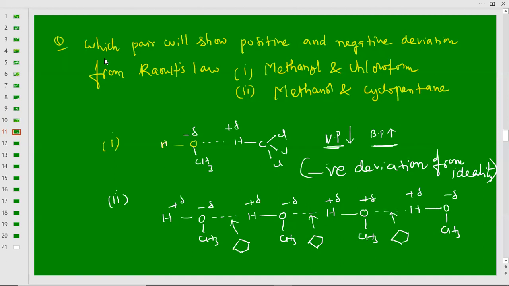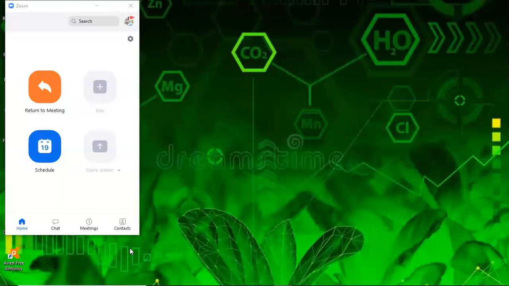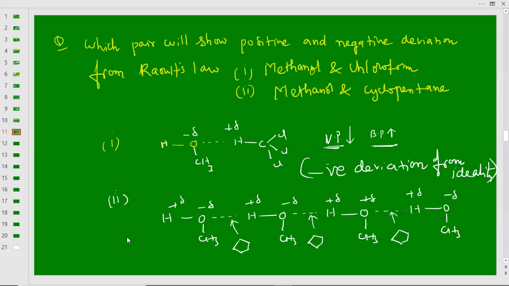When the hydrogen bonds are separated, the escaping tendency of methanol will increase. Vapor pressure increases, which means volatility increases for the alcohol, and the boiling point of the solution decreases. Automatically it shows positive deviation from Raoult's law, that is, from ideality. So this is the answer for this question.